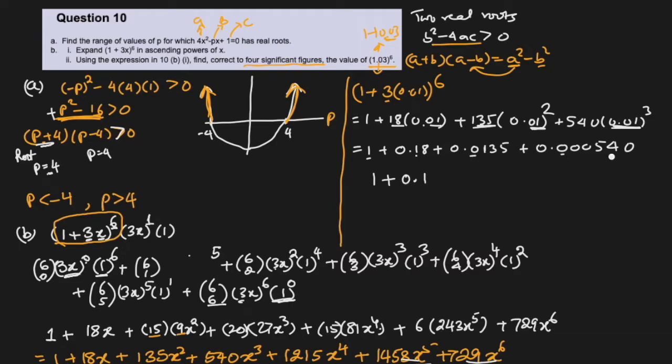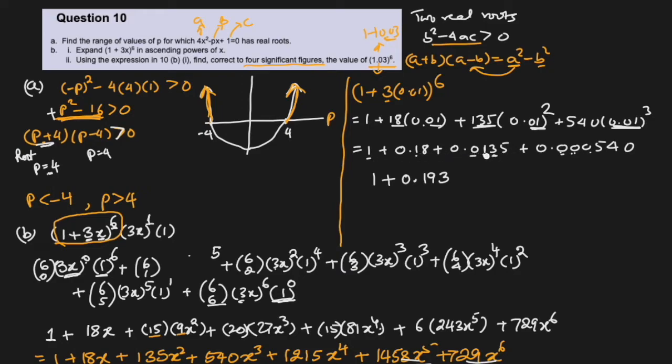Okay, 1 is here. Now the hundredths place, 8 plus 1 is 9, and the next is 0, so 9. Nothing after this for the third place, so 3 remains 3. Fourth place, nothing from here.